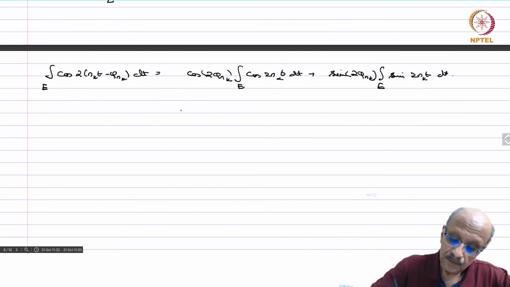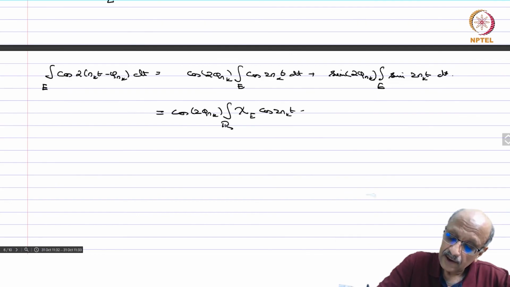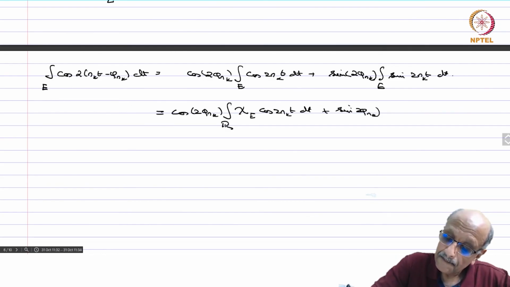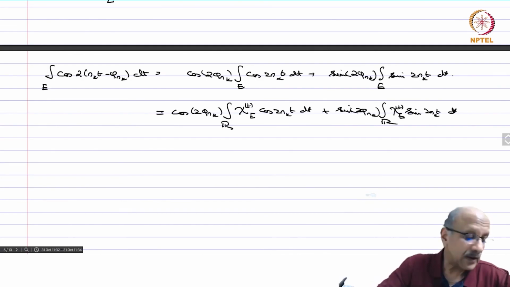That's equal to cos 2 phi_{n_k} times the integral over R of chi_E cos 2 n_k t dt plus sin 2 phi_{n_k} times the integral over R of chi_E sin 2 n_k t dt. Chi_E of t, you can take chi_E of t.